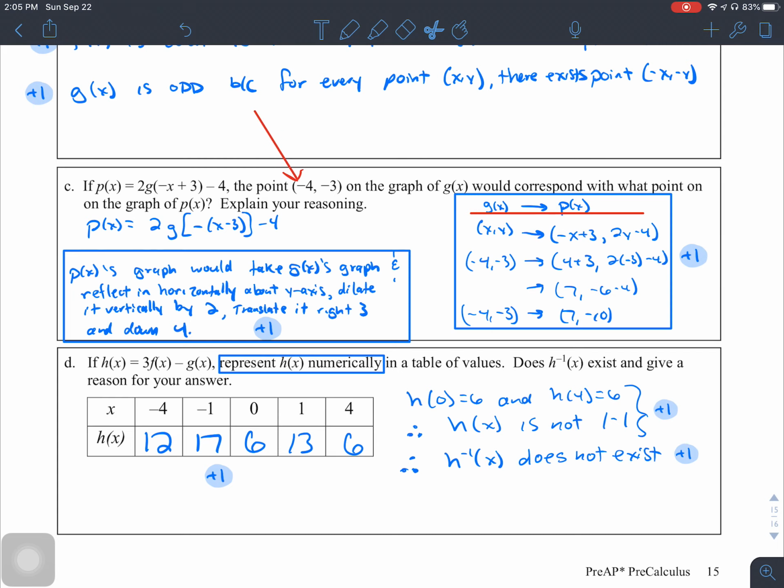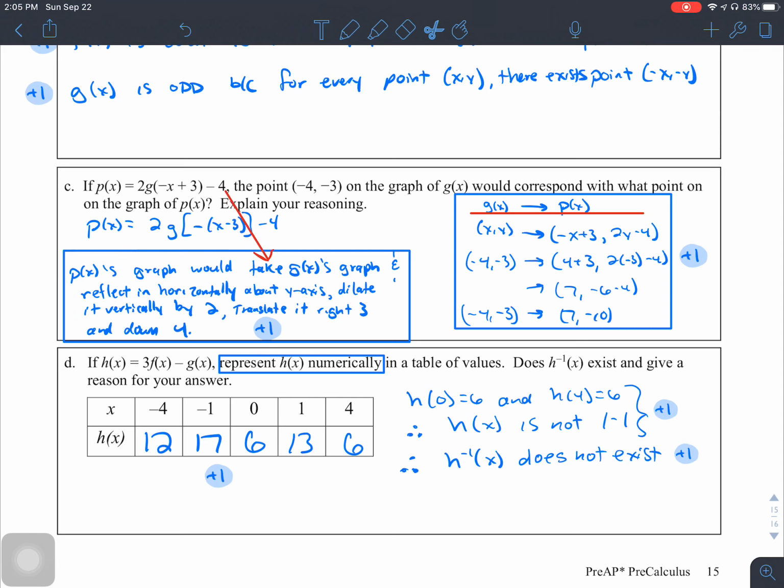So we got this here, -4, -3, which is in function g. Then we're doing all this stuff to it. Where's that point going to end up? Explain your reasoning. That's this right here. And what would be the corresponding point on p of x? That's this part over here.